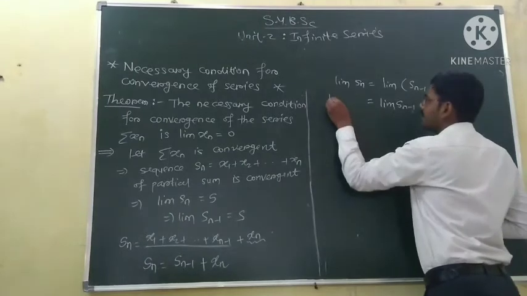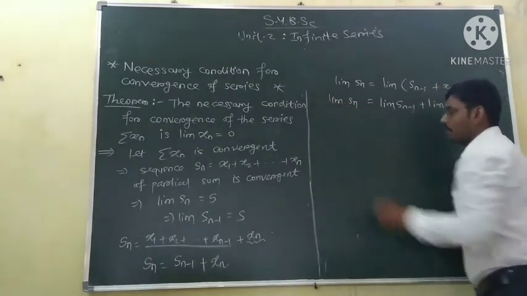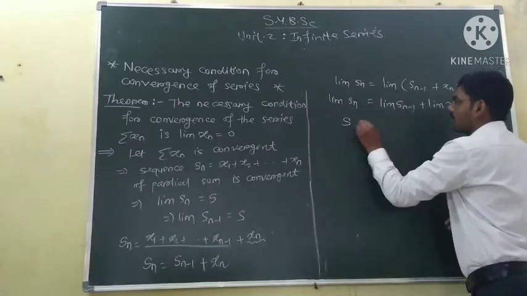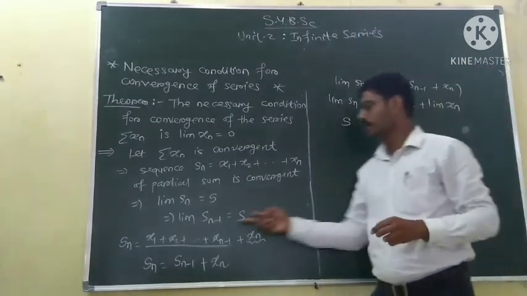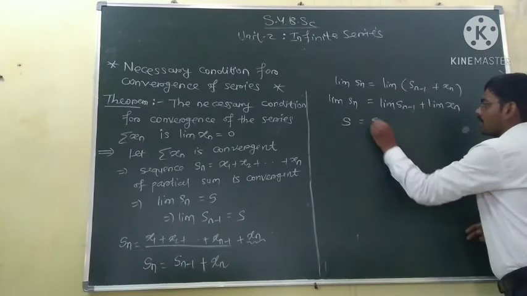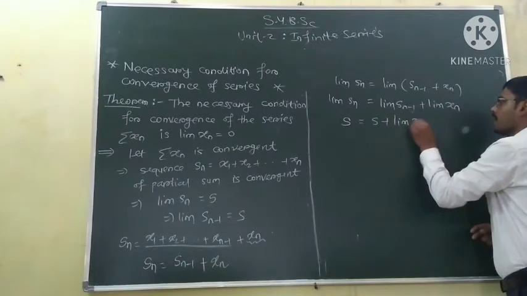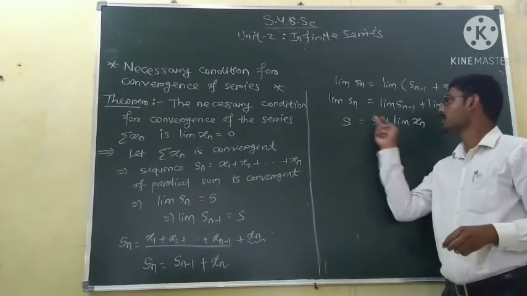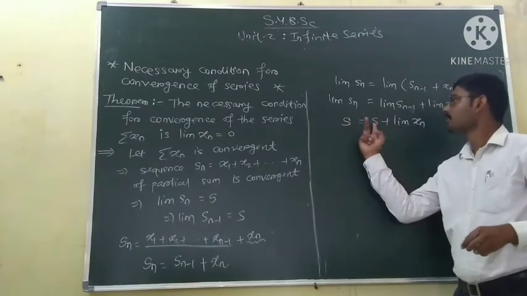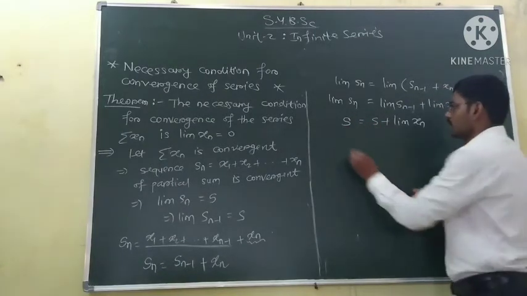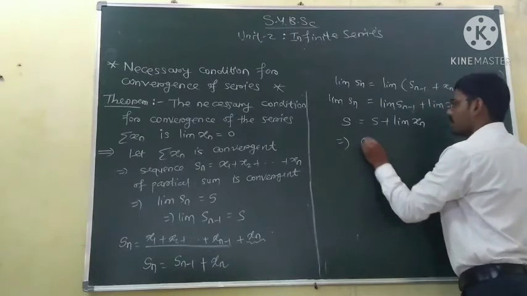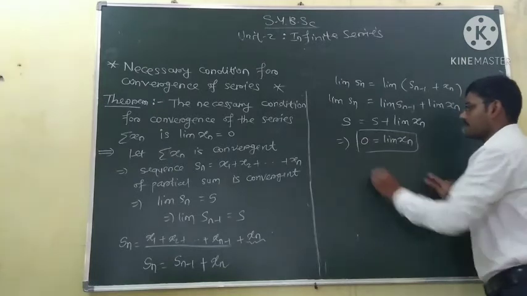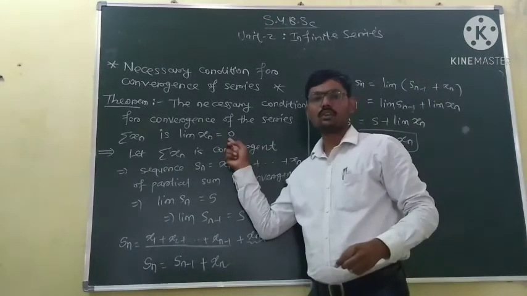On the left side, the limit of Sn is S, so it is S equal to the limit of Sn minus 1, which is also S, plus the limit of xn. Now take this S to the left side, so it becomes minus S. Here S minus S becomes 0. So this implies 0 is equal to the limit of xn. So the limit of xn is equal to 0.